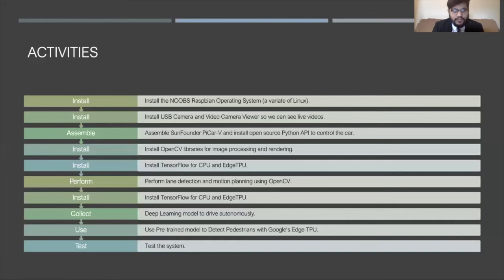The problem is we cannot keep the monitor or the TV connected all the time, as I mentioned earlier, that it will end up consuming a lot of power. So we need to establish a remote connection from our computer to the Raspberry Pi's operating system. That is where we can use the VNC application.